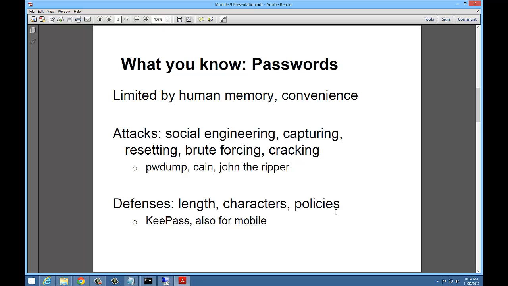There's also capturing or resetting a password. You can capture it by using a brute force attack or a man-in-the-middle attack, or cracking the password using various tools such as pwdump, Kane, or John the Ripper. I've used John the Ripper before, for testing purposes, of course.